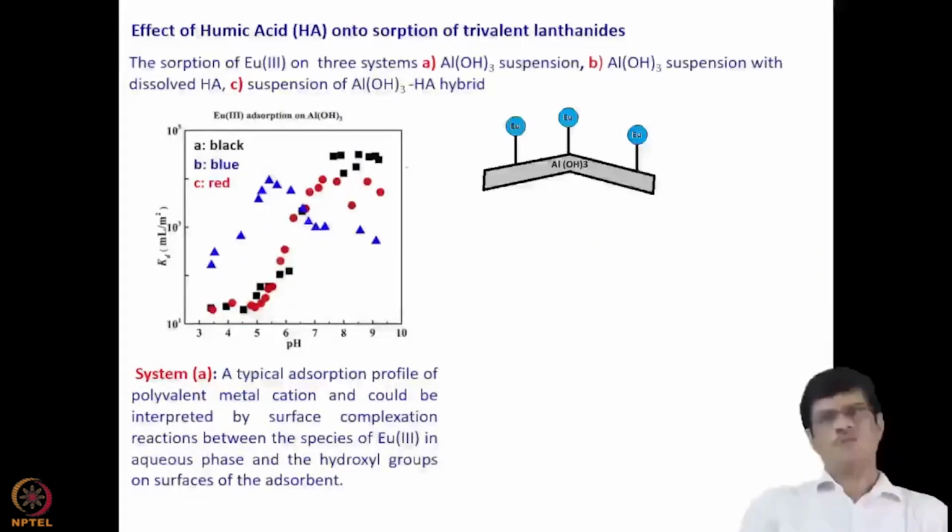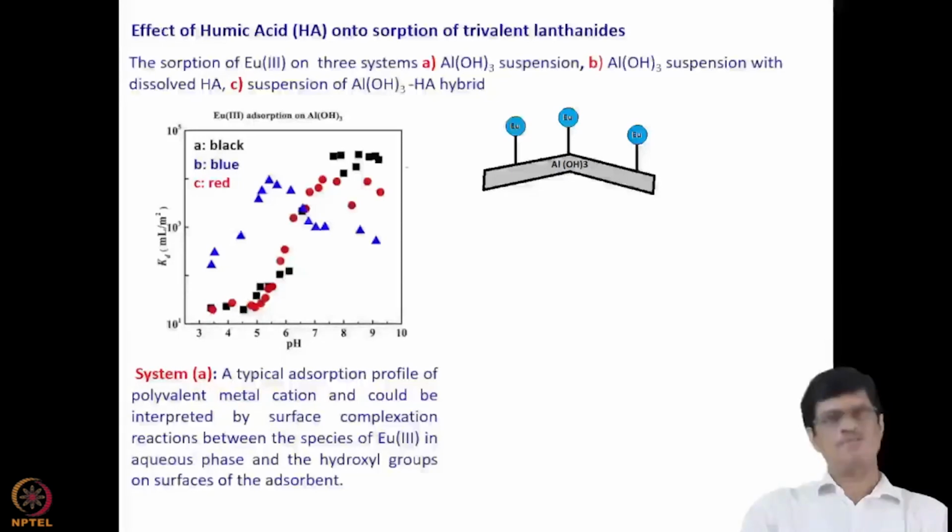So this is a very simplistic case we have seen, in which we had only carbonate present. But in actual groundwater conditions, you have humic acid also present in the aquatic system, and it forms complexes with the trivalent lanthanide or actinide ions.